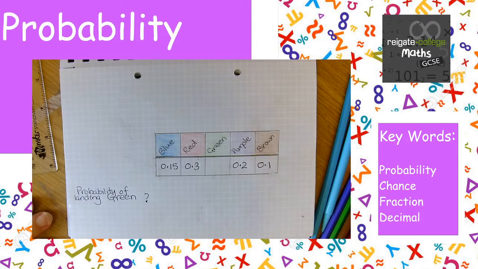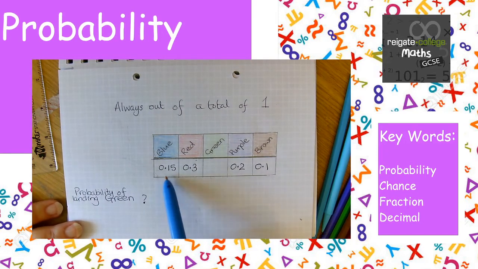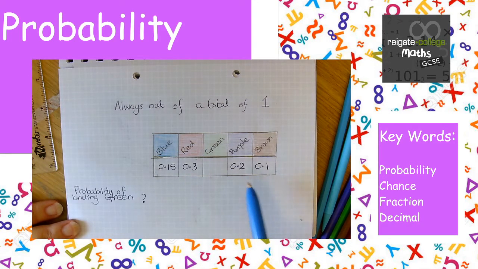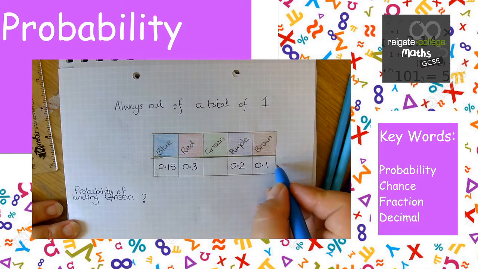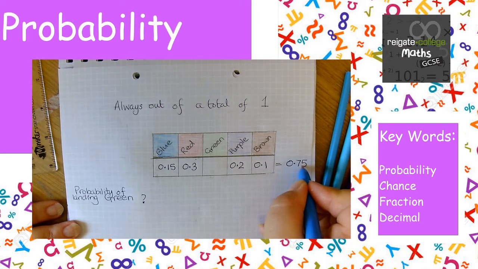Here my probabilities are written as decimals, and you can see I have 1 missing. To calculate the probability of my spinner this time landing on green, I need to remember that probability is always out of a total of 1. If I add the probabilities that I have already, 0.15, 0.3, 0.2 and 0.1, they would make a total of 0.75.